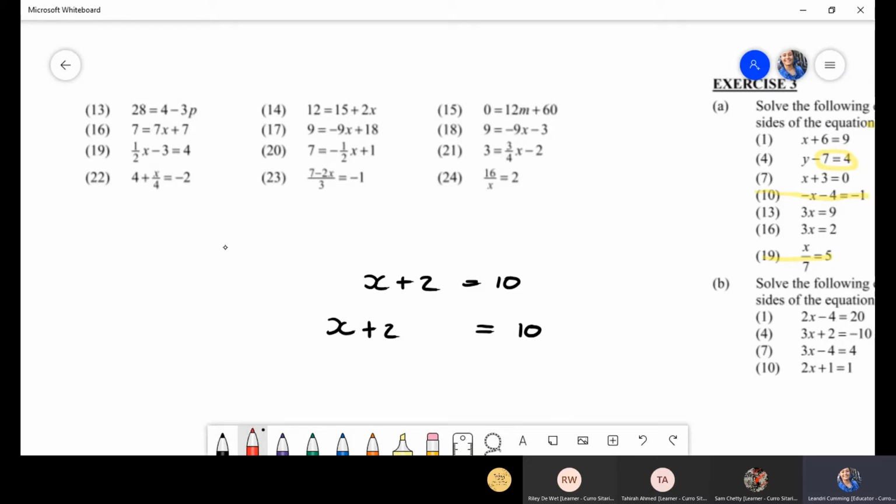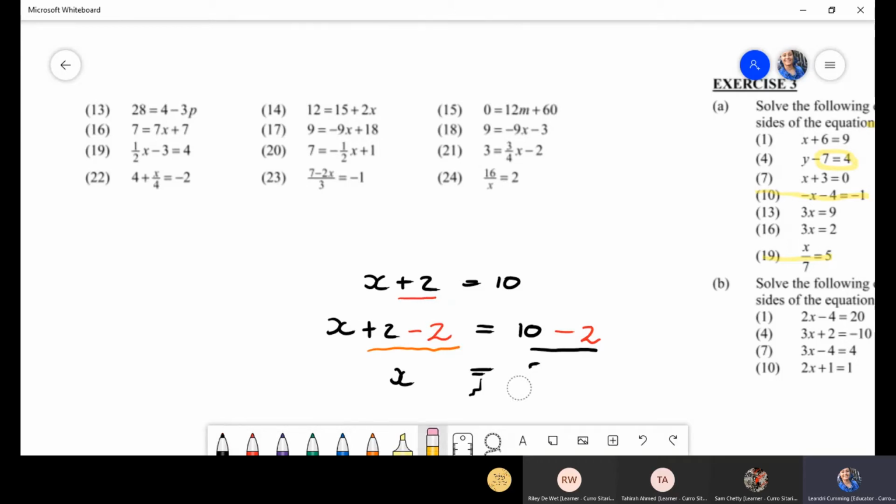I said, how do we undo the plus 2? We take it away. What we do to that side, we do to that side. Therefore, I have x plus 0. That's basically what I want. I want a plus 0 from there. That plus 0 allows me to say x is therefore equal to 10 minus 2, which is 8.